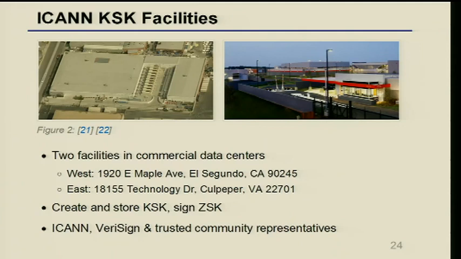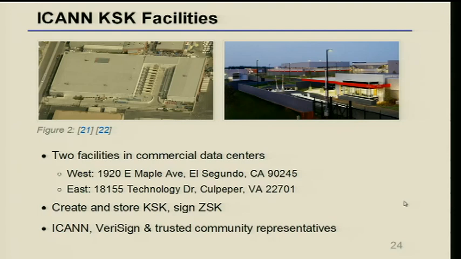Okay, now where has the KSK been created and where is it stored? There are two ICANN facilities in commercial data centers. These are not actually ICANN facilities, these are data centers, but ICANN has rented some room in them. There is one facility in US West and one in US East, both in the US.